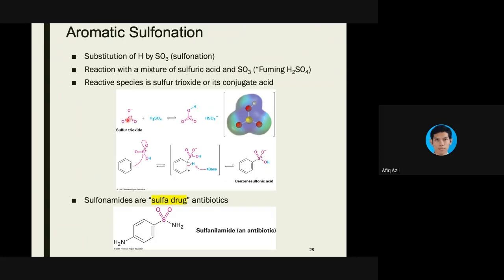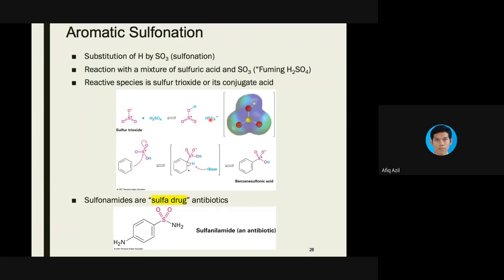Okay, the sulfur over here is not polarized enough, meaning that we want it to be slightly positive. But this is not positive enough for the electron in the benzene to attack. So what is the function of this H2SO4?